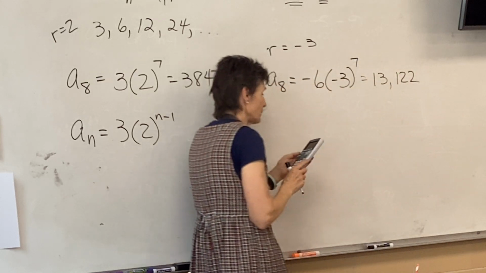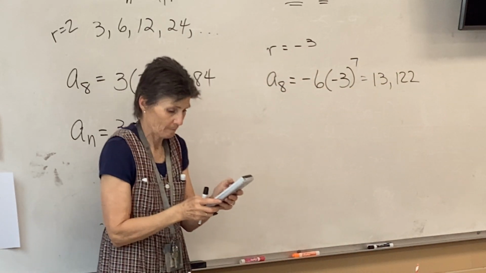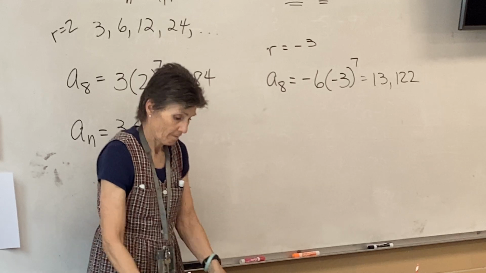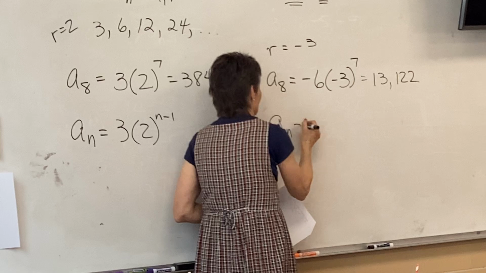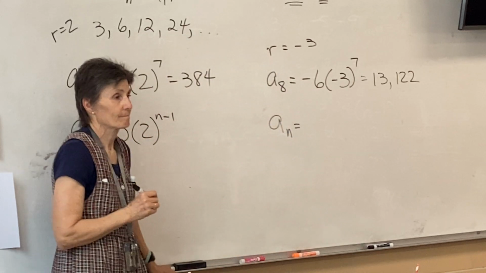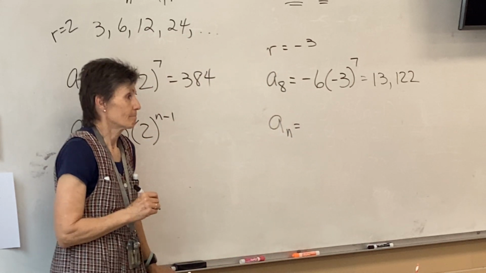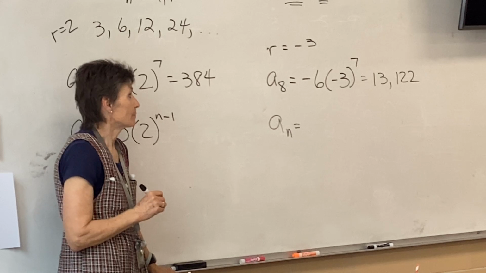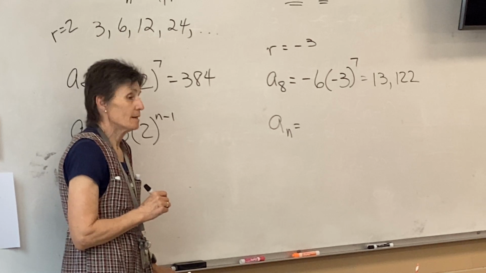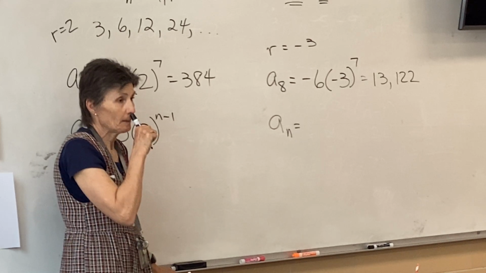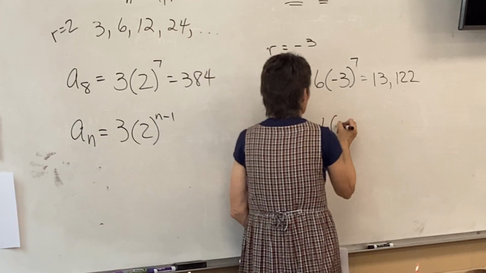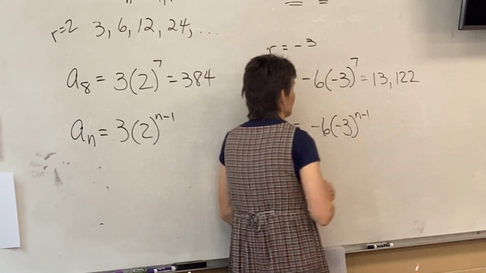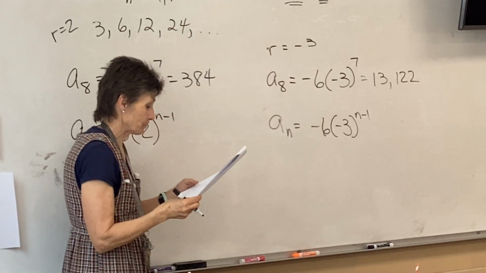You might want to type that one in and make sure you can. And what is my explicit rule? -6 times -3 to the power of n minus 1. Yep. You're done. That's it.